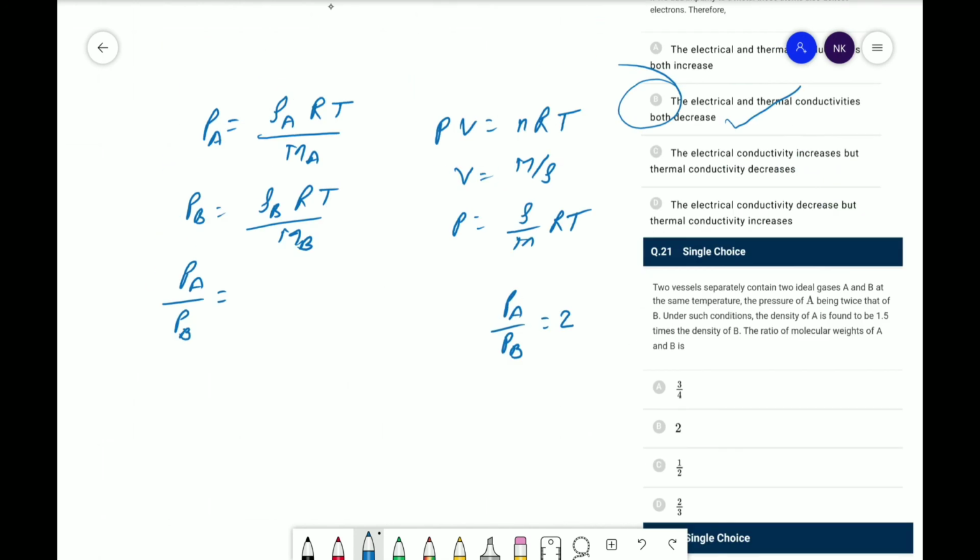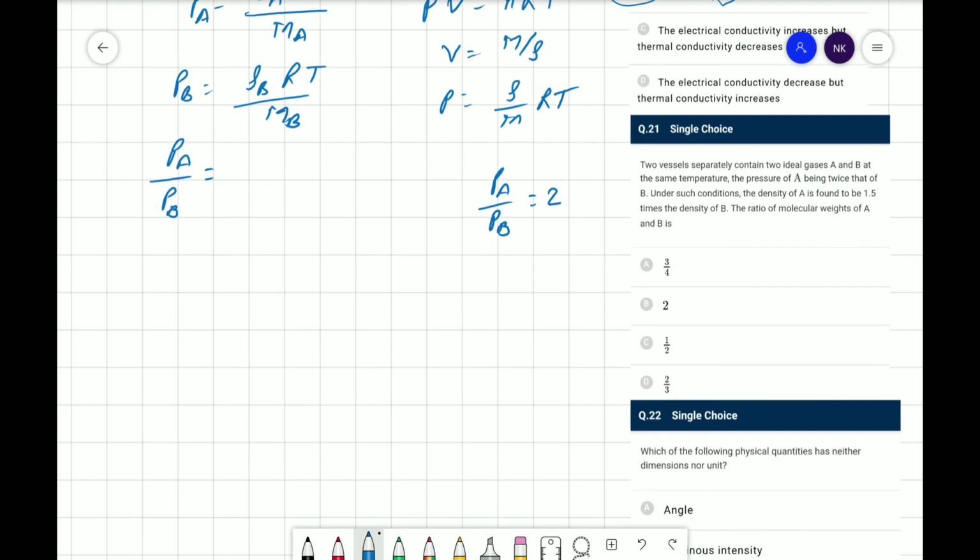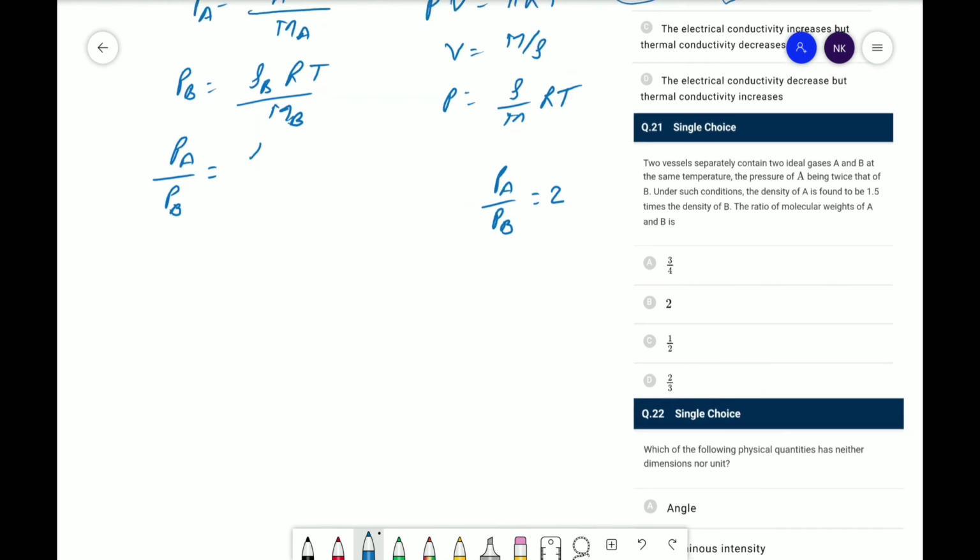Therefore, rho A upon rho B, RT will be cancelled out, times MB upon MA. 2 will be equal to rho A upon rho B times MB upon MA. Rho A upon rho B means 1.5. Look at this one and twice this one.